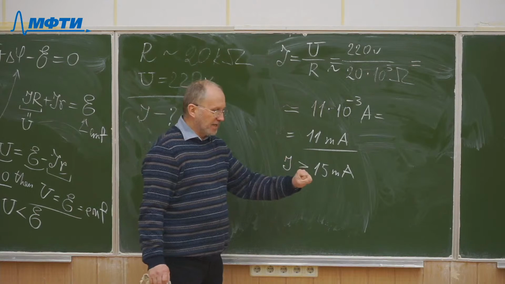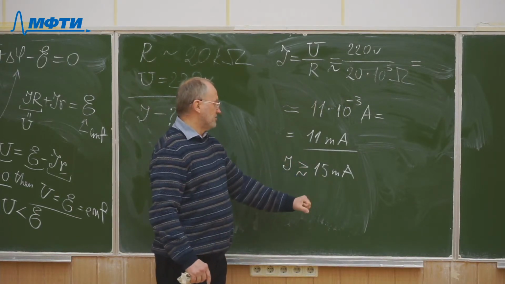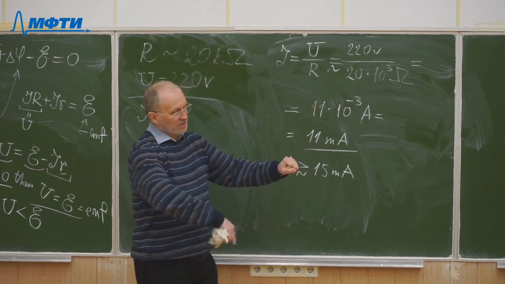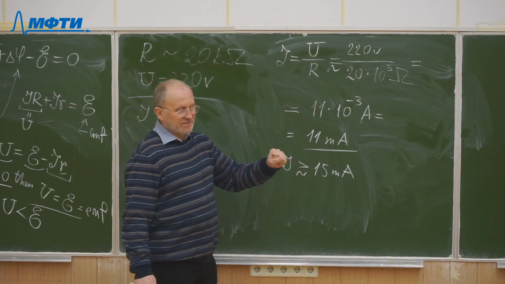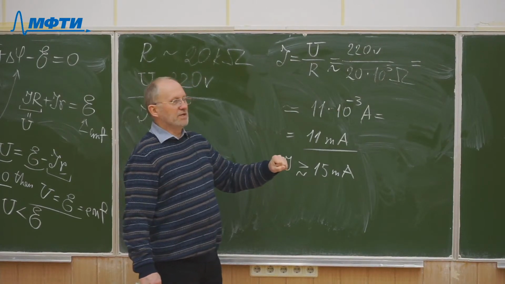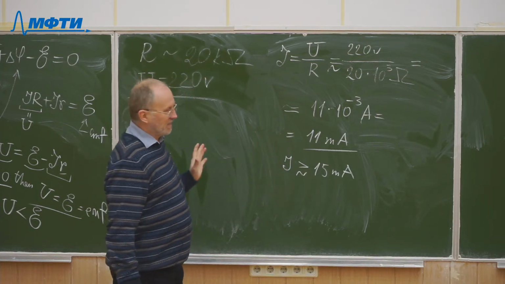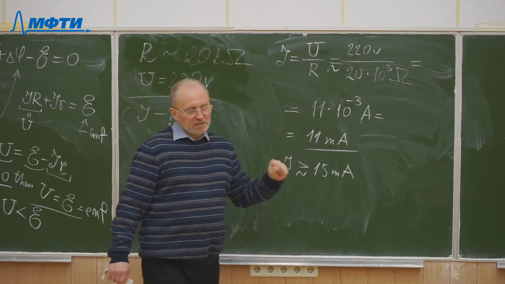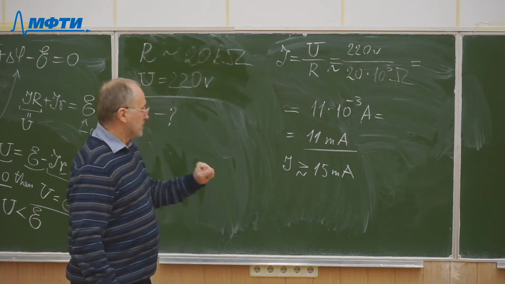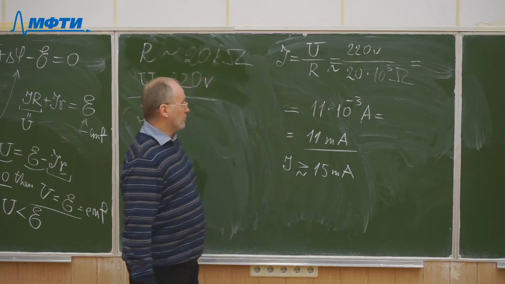If you touch the electric cable and such current flows through the body, then the muscles become so stiff that you are unable to release this grip and to throw away this cable. You will be attached to this wire, and you will be unable to release yourself from this voltage.